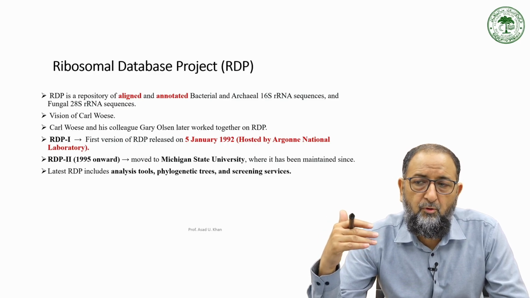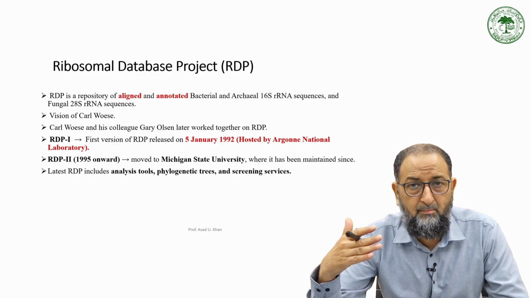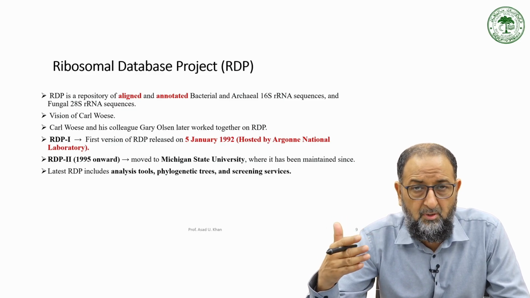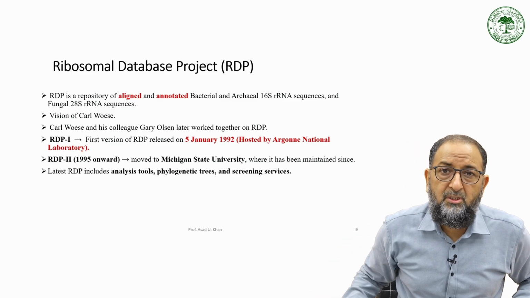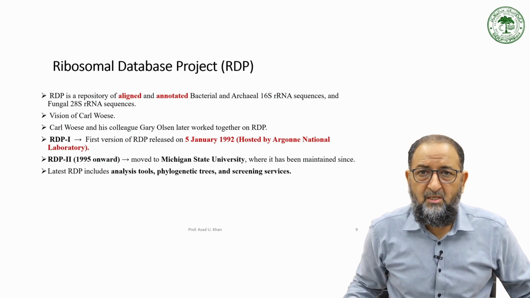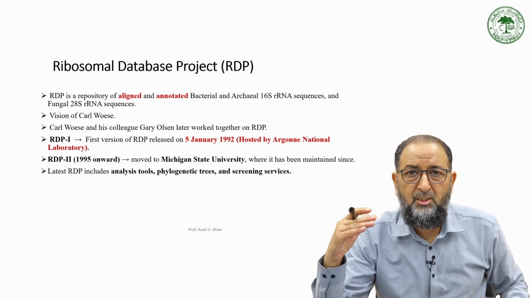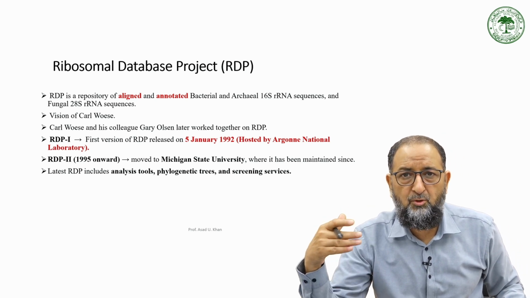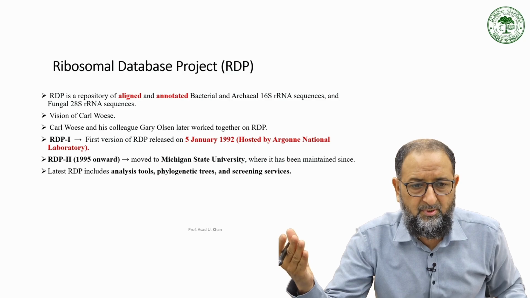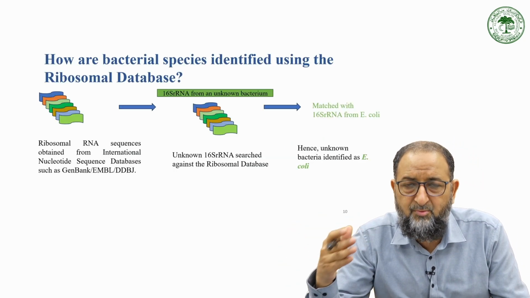So, if you get a new sequence which is not aligned at all in the database, it means it must belong to some new species. Then you have to think what this new species is. Once you identify that species, you can compare it, put it in this database as a new species and give it a new name. So, this is how the advanced version of the database works.